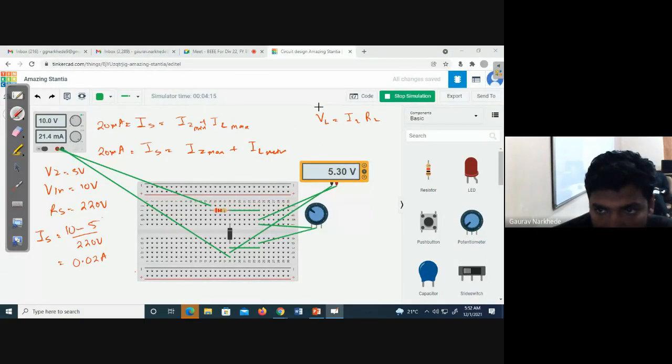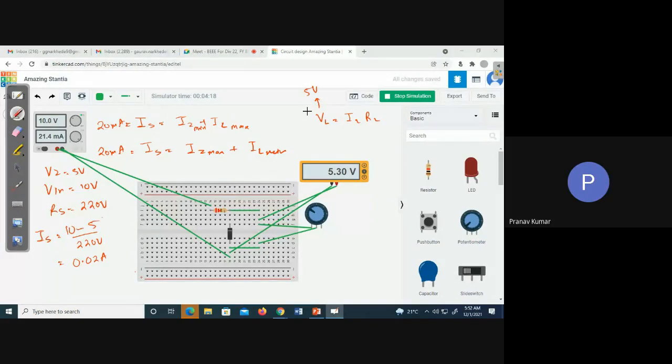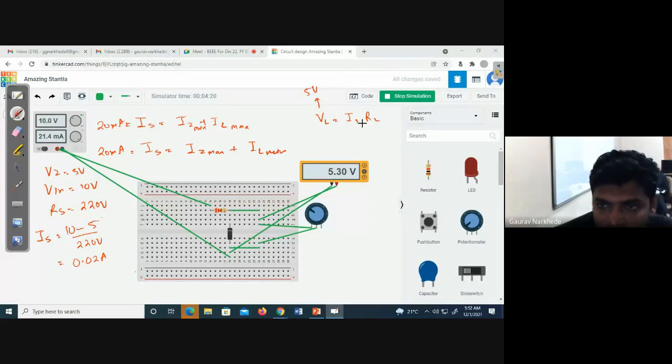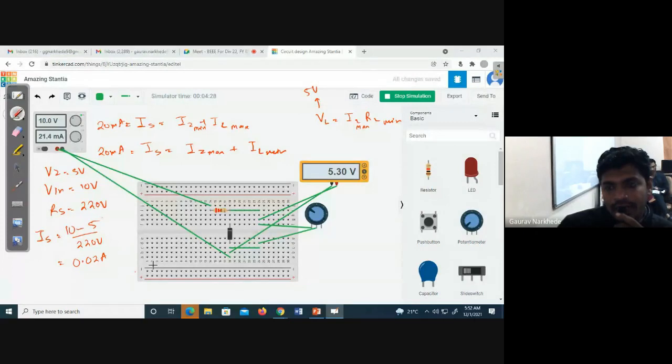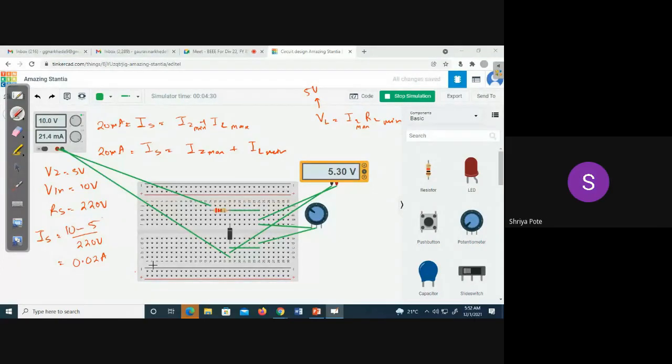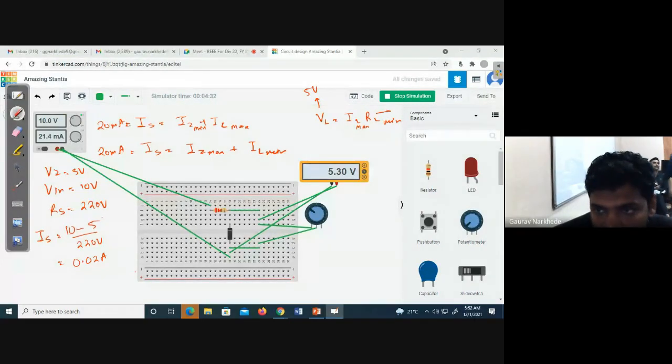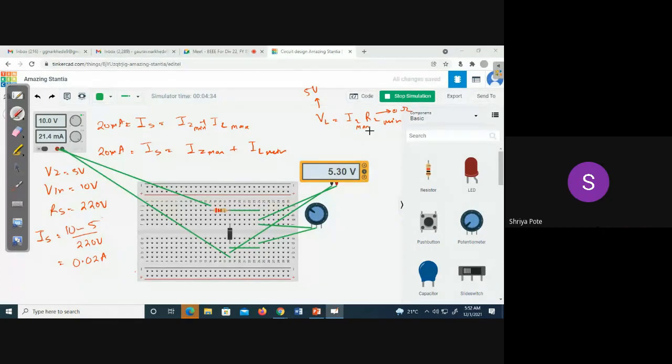Constant. ये कितना चाहिए? 5 volts चाहिए, आउटपुट वोल्टेज, राइट? सो अगर IL मैक्स है तो RL क्या रहेगा? मिनिमम रहेगा. करेक्ट. RL मिनिमम कितना हो सकता है? 0 ohms.